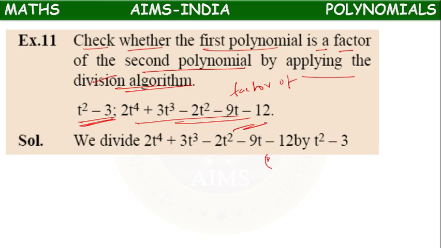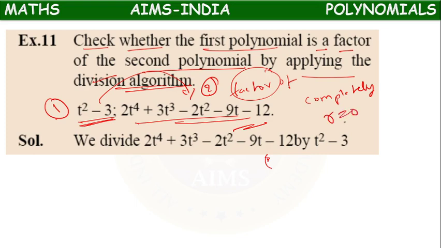We can say it is a factor if the first polynomial divides the second polynomial completely, means with remainder 0.